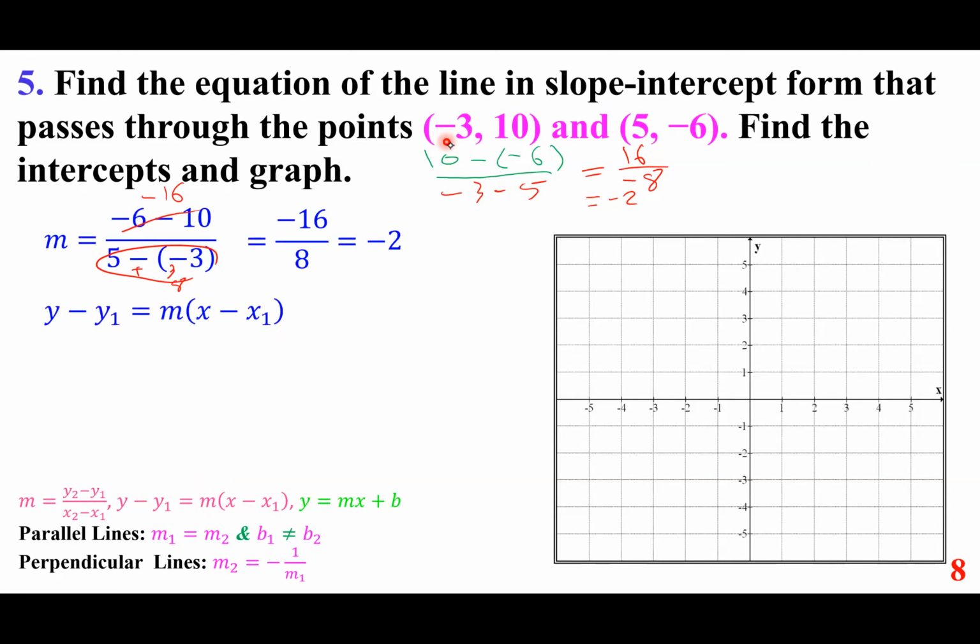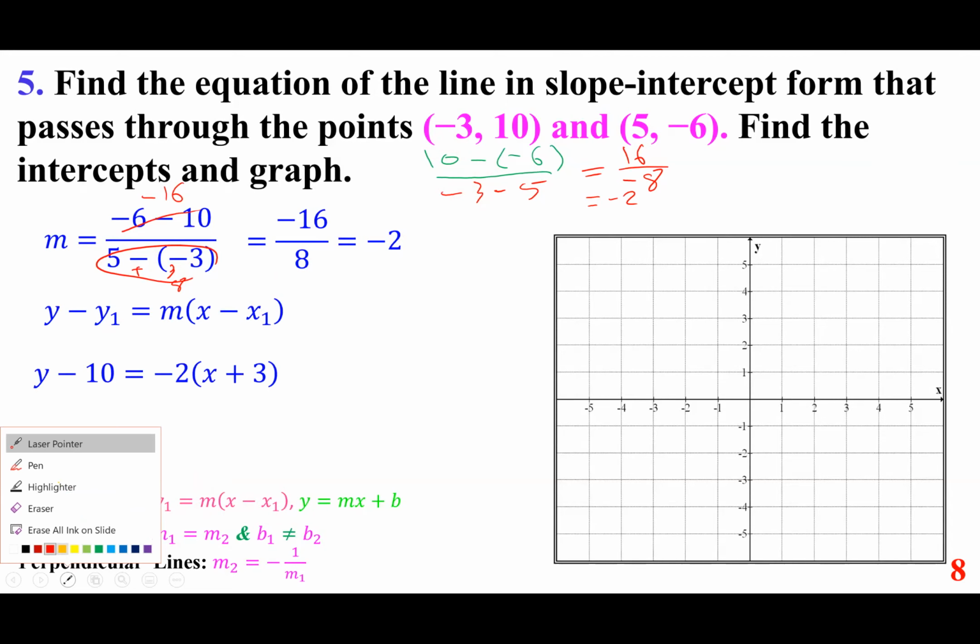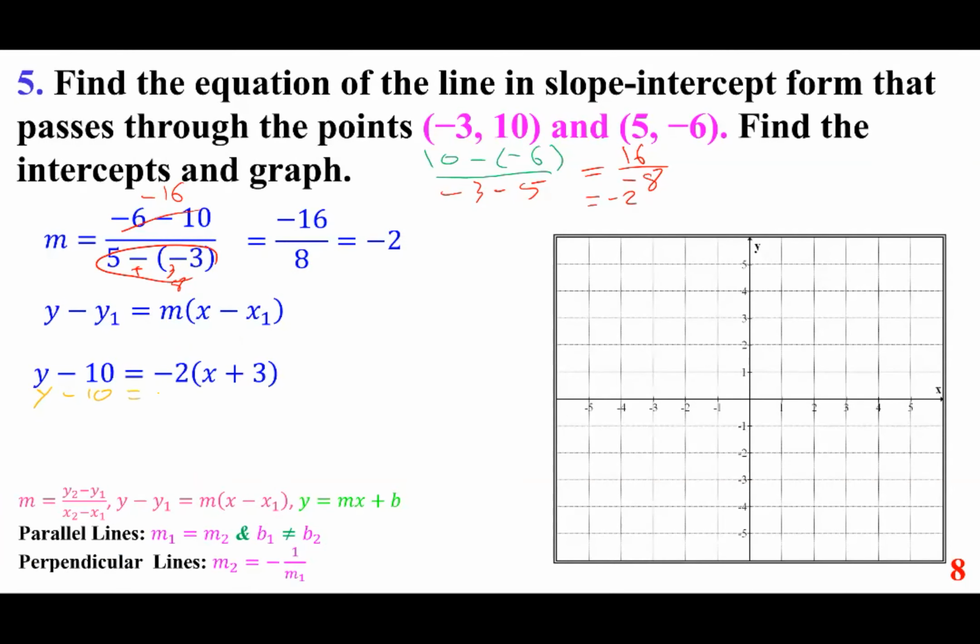We're going to use this formula. Replace the y sub 1 with 10, m with negative 2, minus negative 3 or plus 3. We're going to distribute. So we get y minus 10 equals minus 2x minus 6.